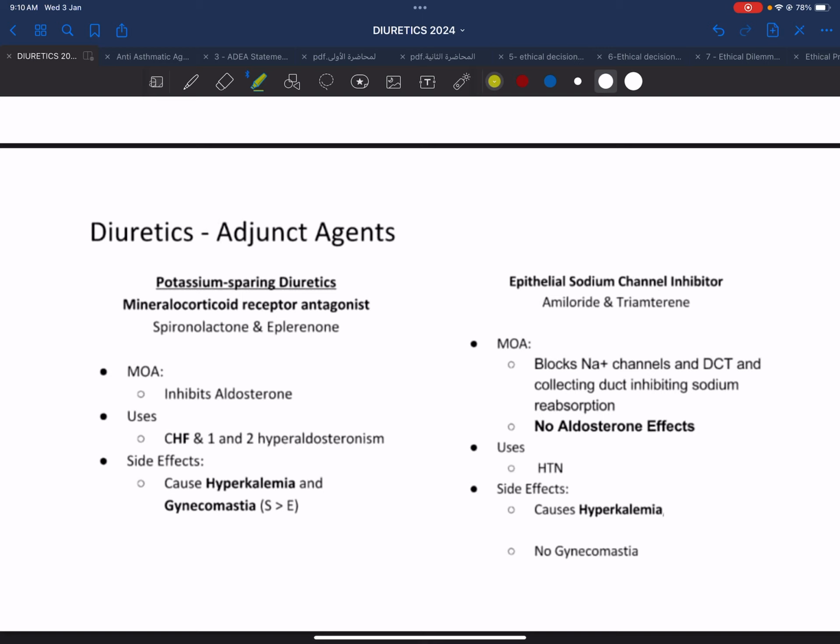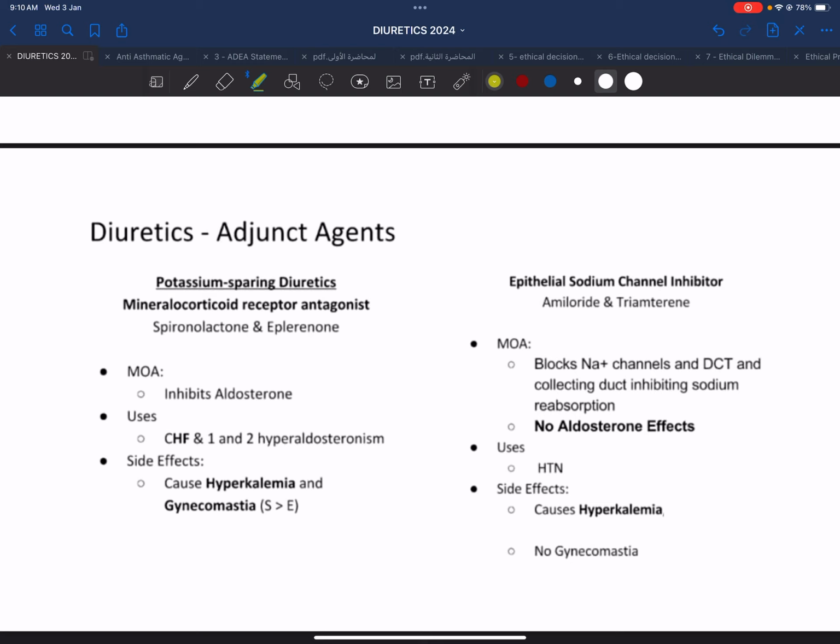We use it in CHF stage 1 and 2, and hyperaldosteronism. CHF stands for chronic heart failure or congestive heart failure. Congestion means accumulation of water.